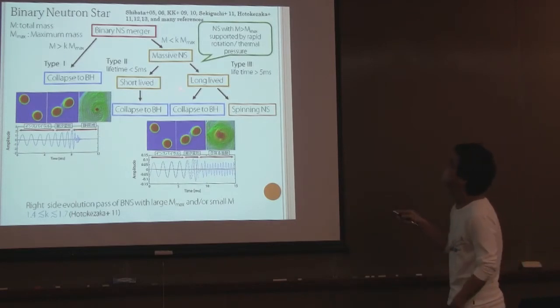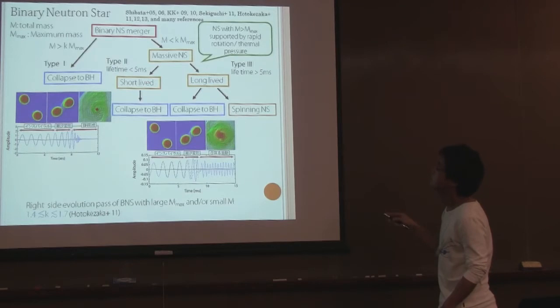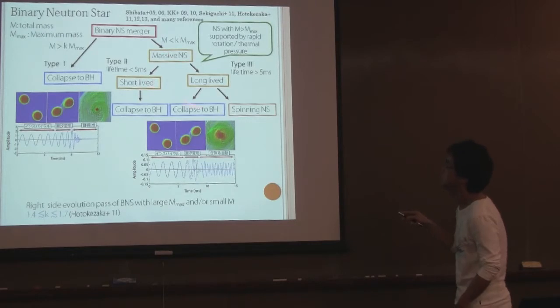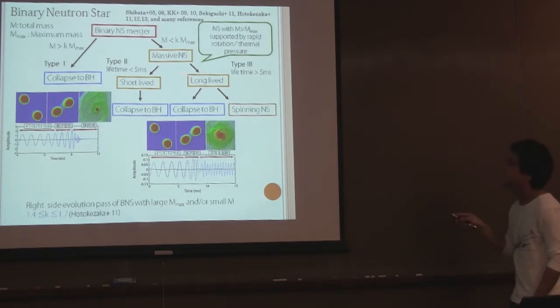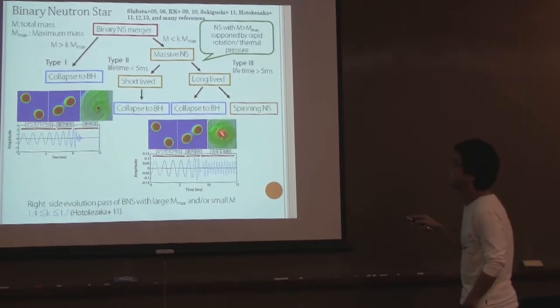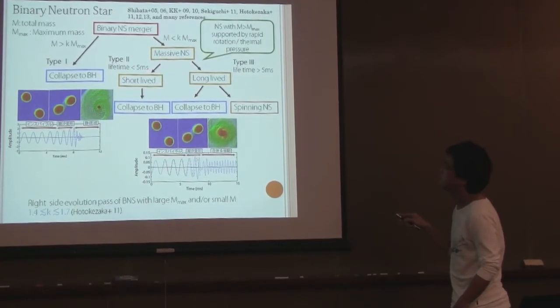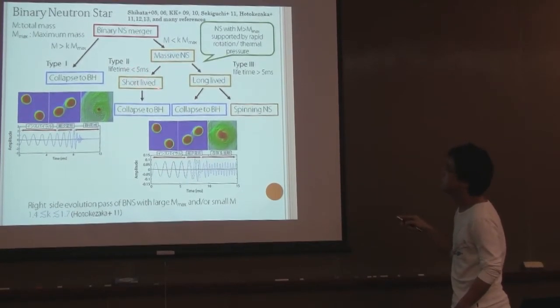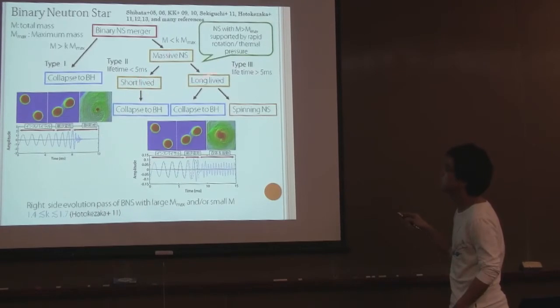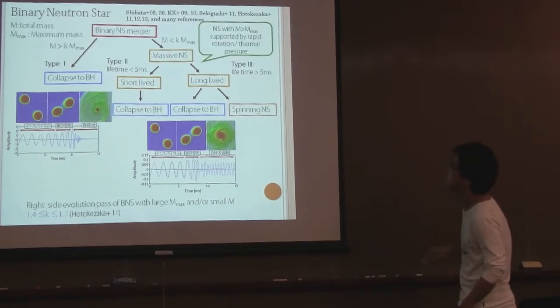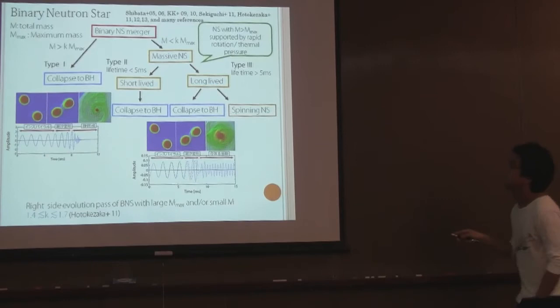And the lifetime of this massive neutron star strongly depends on the total mass and the structure of the massive star. So we categorize type 2 as a short-lived massive neutron star and type 3 as a long-lived massive neutron star.